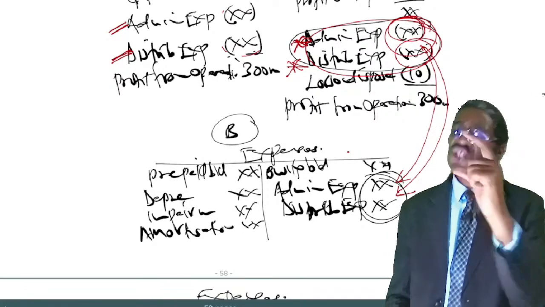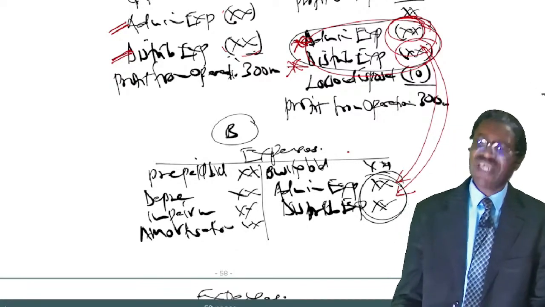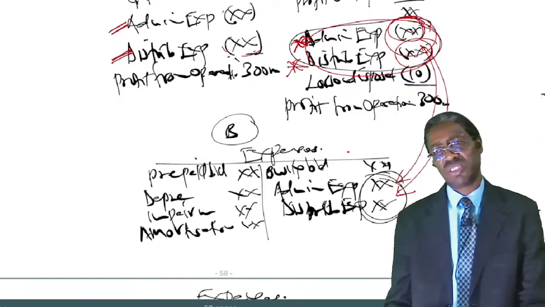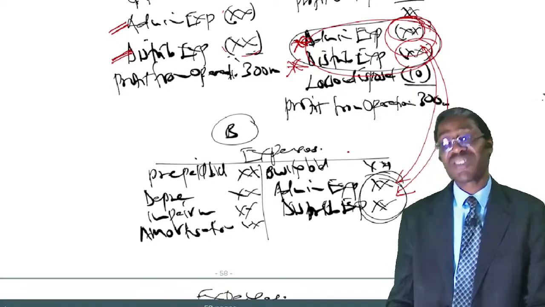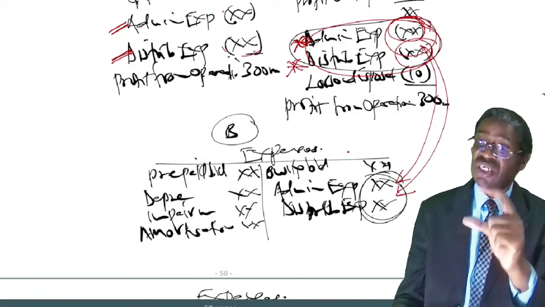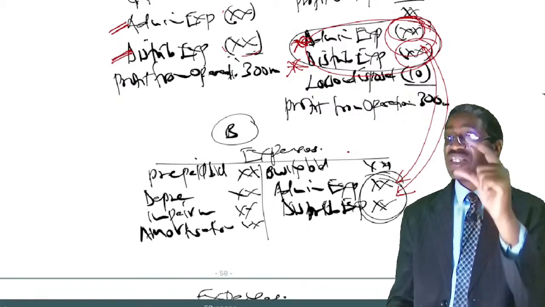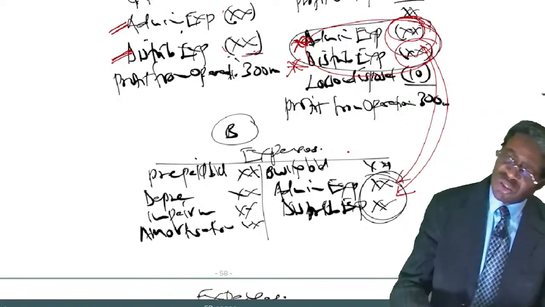Because it has been shown separately. It's not within the admin and not within the distribution. It has been shown separately. So, does it affect what I'm looking for? The answer is no. Hope you are following. But what about accountant A?